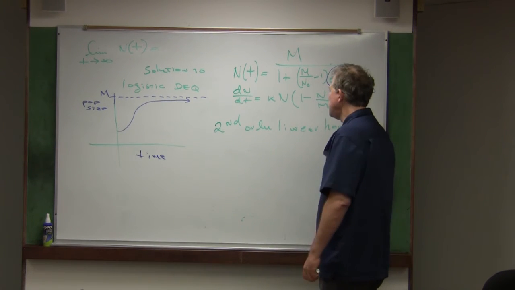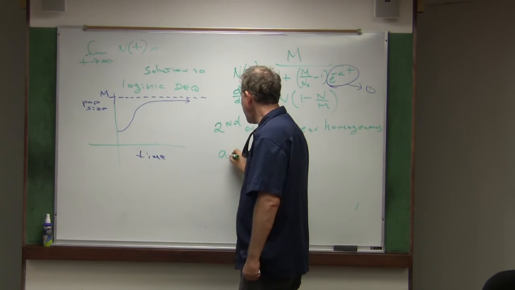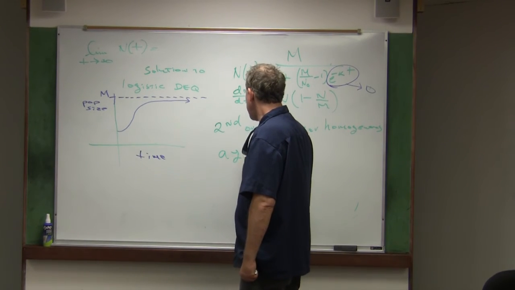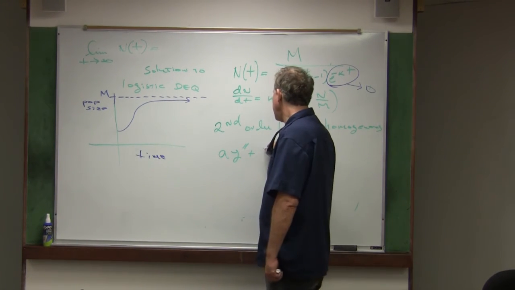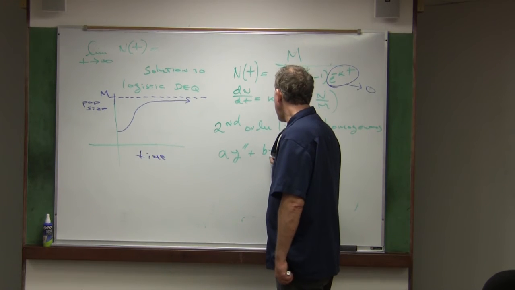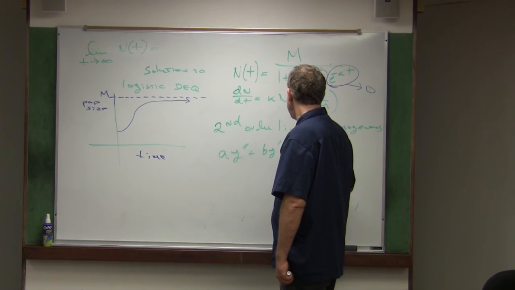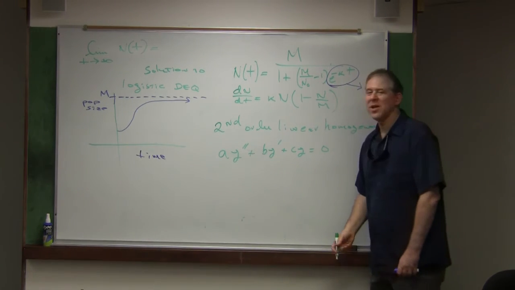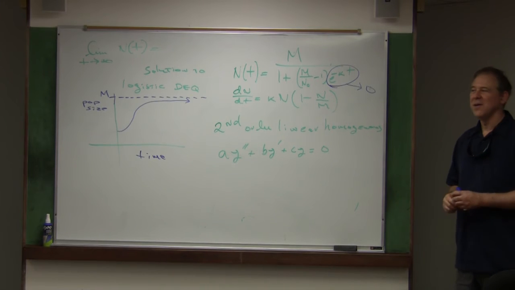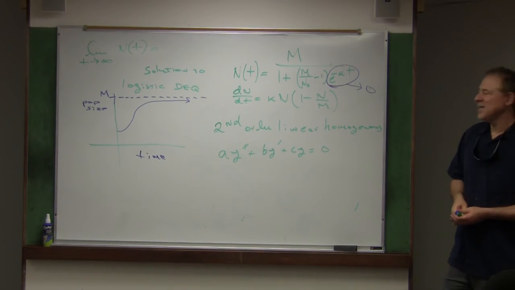Okay, and they look like this. They're always of the form ay'' + by' + cy = 0, where a, b, c are constants. And these are the easiest thing to solve. There's a nice trick to it.